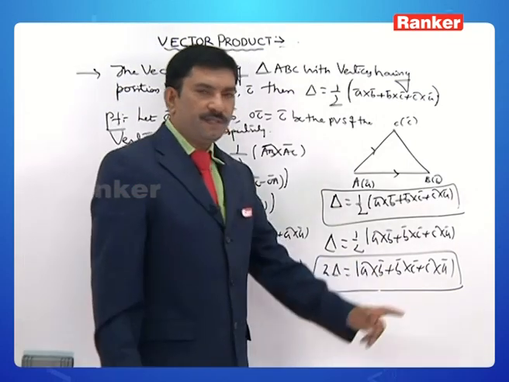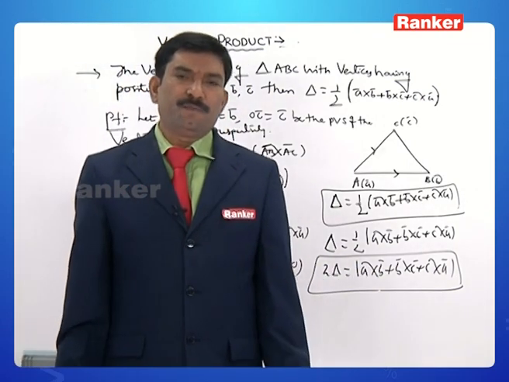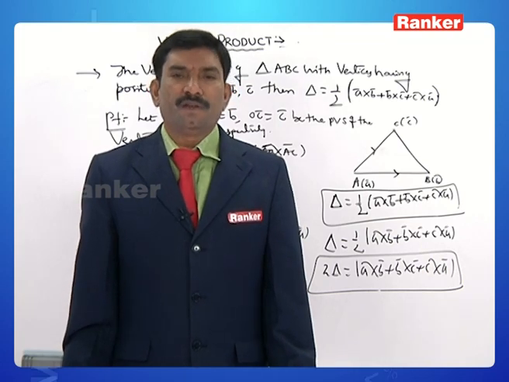That is, 2 delta is equal to modulus of A cross B plus B cross C plus C cross A.